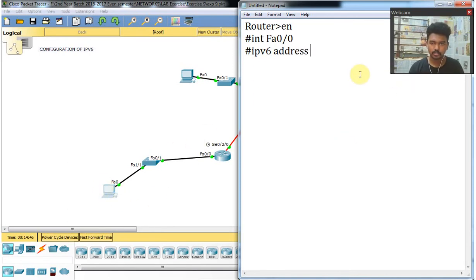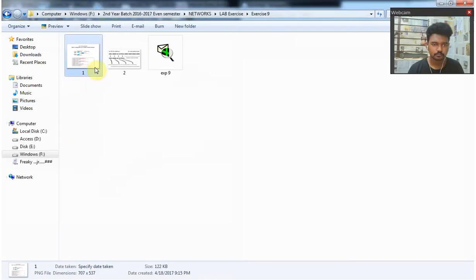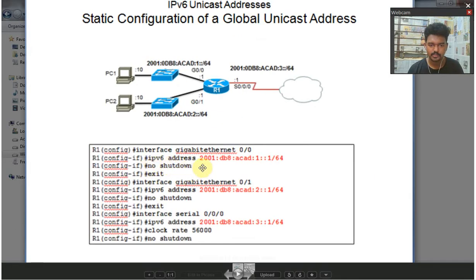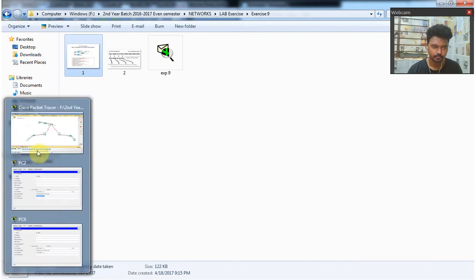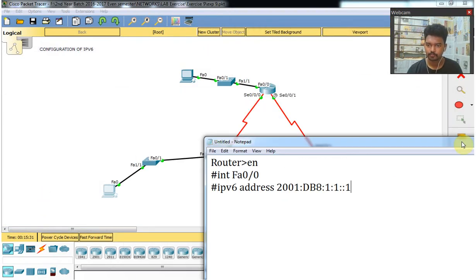This is the IPv6 address, then after that we give /64. In all the other experiments, depending on the class, we used to give 255.255.255.0. For IPv6 we omit all those things, and instead, since it would be such a huge number to type, we write only /64. So this was the configuration.